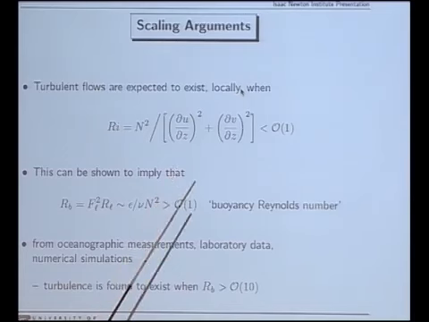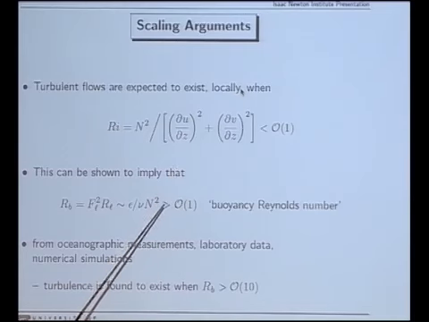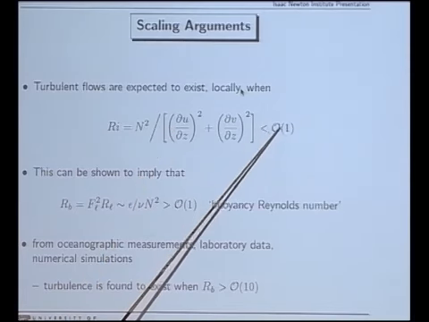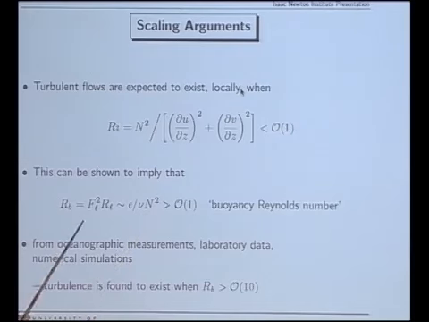In fact, this is it here. If you look for regions where the Richardson number is small and do fairly straightforward scaling analysis, you find that the Richardson number being less than order 1 implies that the product of the Froude number squared times the Reynolds number has to be greater than order 1.